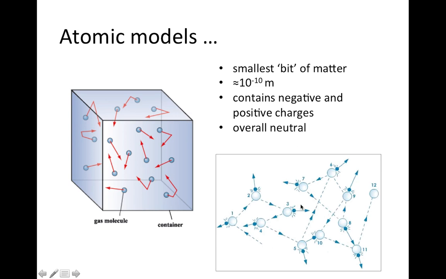This diagram here shows something called Brownian motion. Brownian motion was explained by Einstein, actually. Brownian motion is where tiny, almost microscopic or just microscopic things like grains of pollen or smoke particles are suspended in water or in the air.